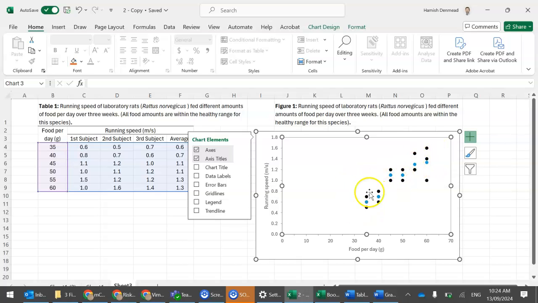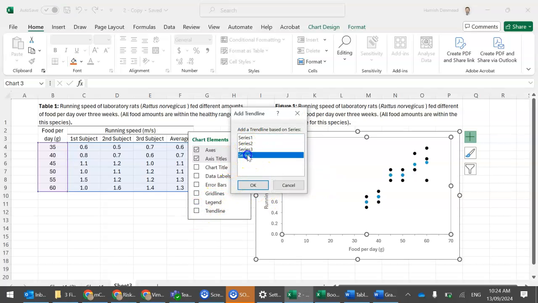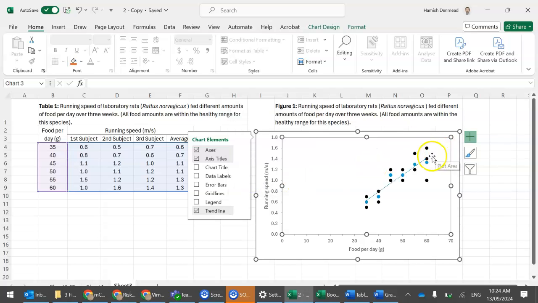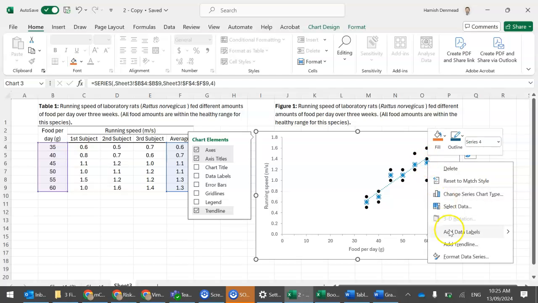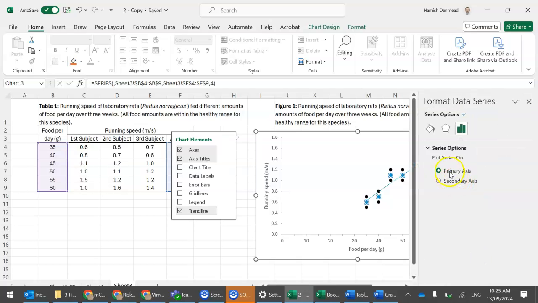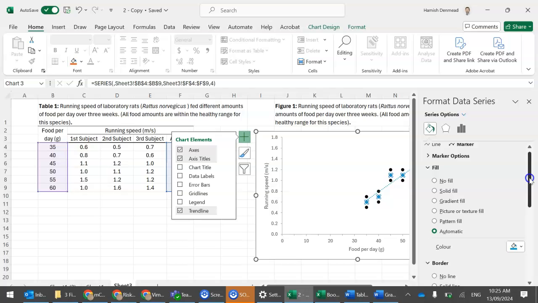So the blue is the average of all of our data. And now if we add in the trend line, we can click series 4, and it's putting a nice line of best fit, which best matches the scatter plot data here. We don't really want to show our actual average coordinates though, because they don't exist as real data from our rat experiment. So we'll go to format and we'll make those white so you can't see them.